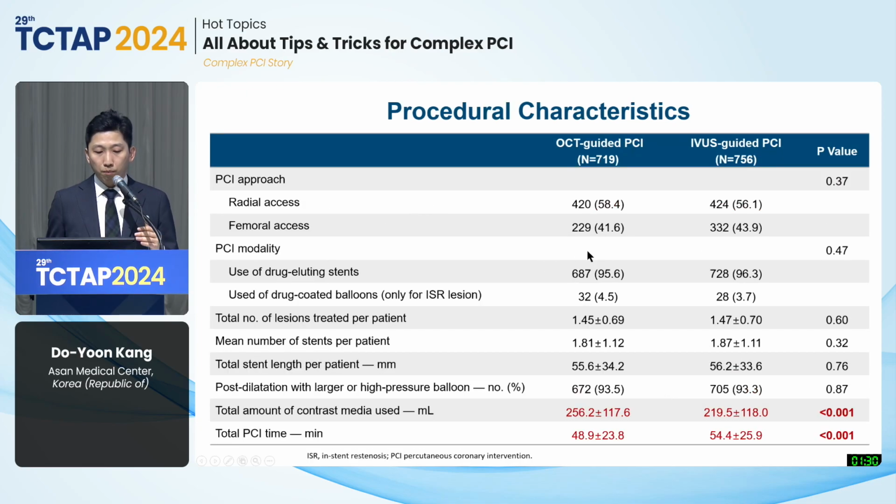PCI approach and modality, mainly using drug-eluting stents, were not different between groups. The total amount of contrast media used was higher in OCT-guided PCI. However, the total PCI time was shorter in the OCT-guided group.